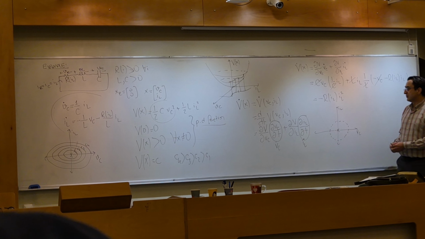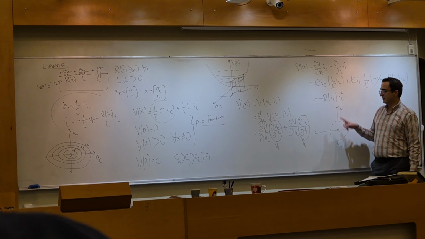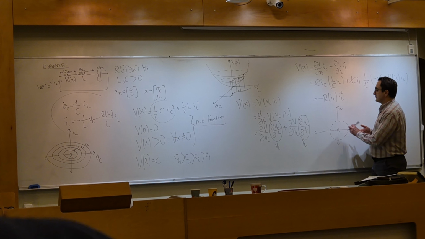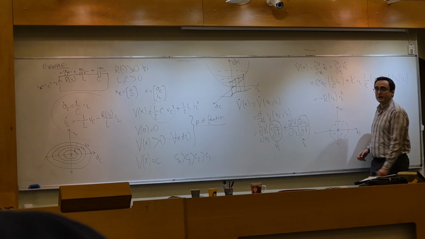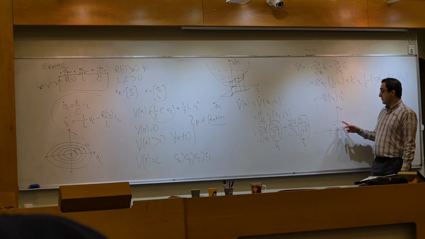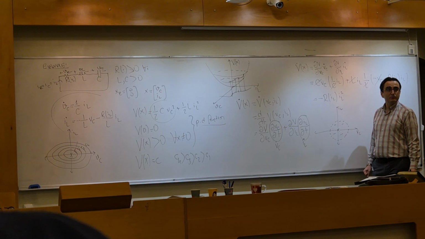Obviously, at the equilibrium point, this function is zero, because IL and VC are all equal to zero. So I know that the function is negative everywhere except the origin. But is it zero somewhere else in this ball?